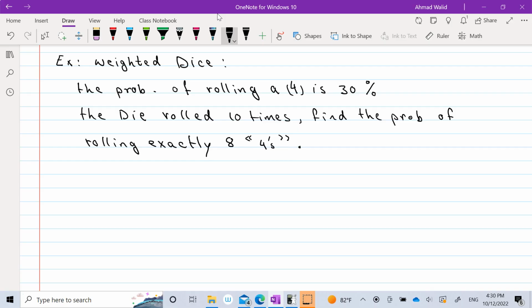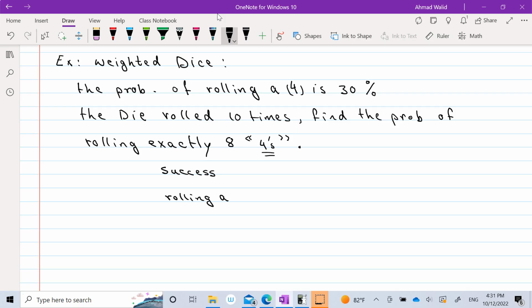Correct? What is important for you in this problem is to first find out what is given to you, make a list, and what you are looking after. Let's start this way. If I ask you here, what is your success, even before identifying the numbers? Your answer should be rolling a 4, singular form.